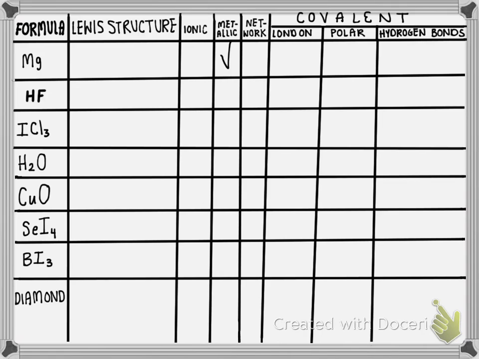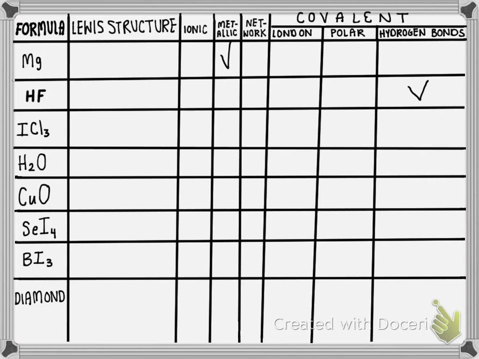Okay, the next one is HF. Immediately from our previous notes about hydrogen bonds, we know that a hydrogen bond is when an H is bonded to an F, an O, or an N. Here we can see that H is bonded to an F, so then we can check off hydrogen bonds.